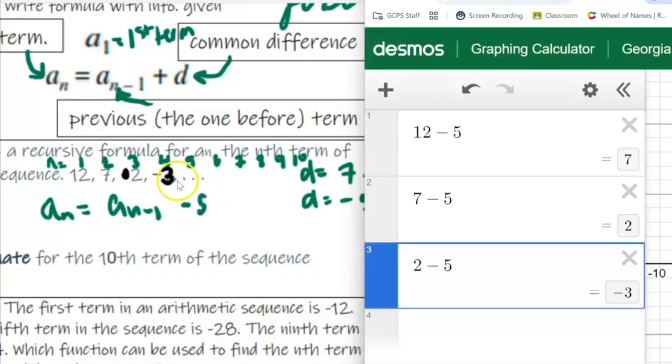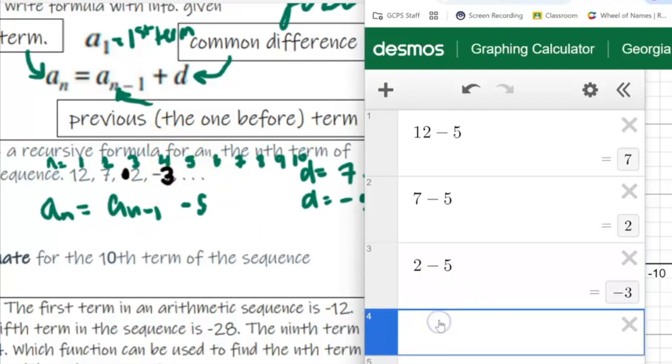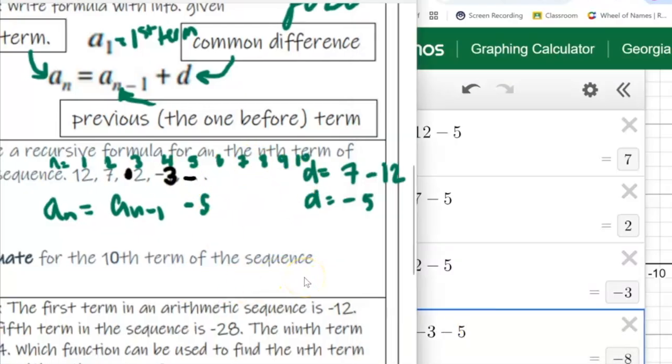And I'm going to keep this process going. The previous one minus the last one is going to be the one before. Okay, so to find the 5th term, I take the previous one and I subtract 5. And this will give me my 5th term. So we're just going to continue this process until I get to the 10th term.